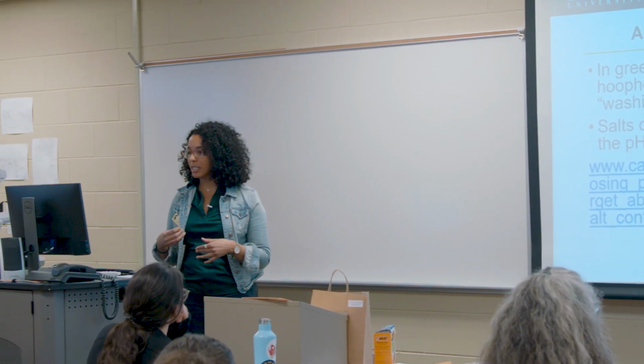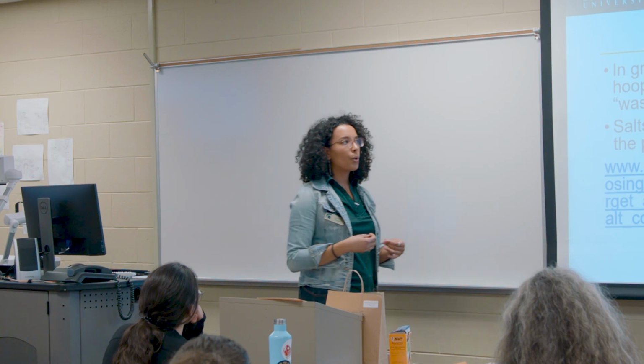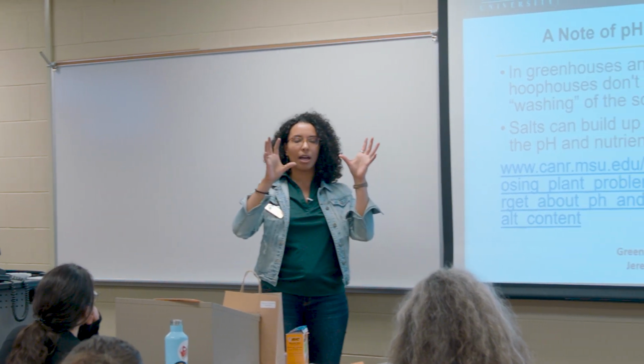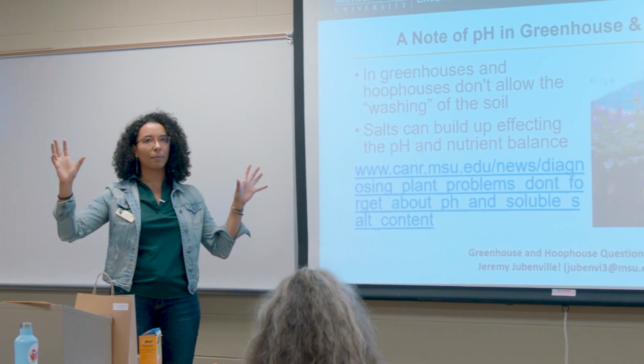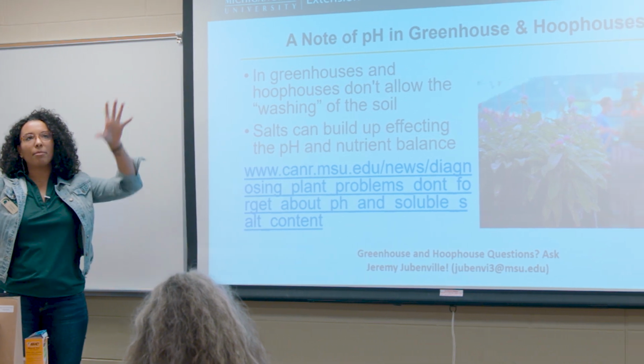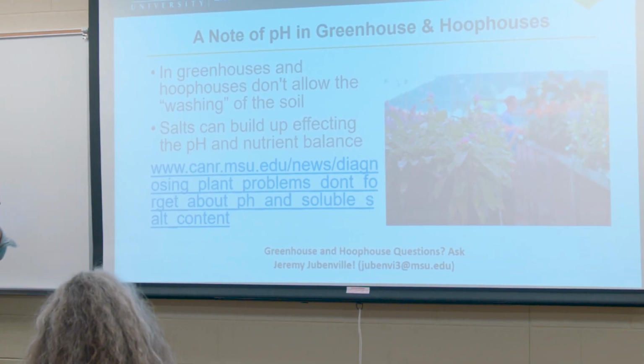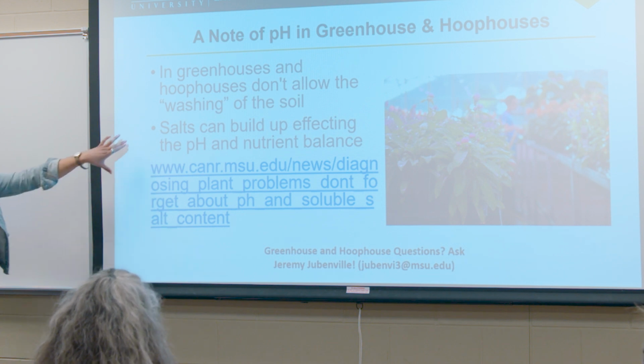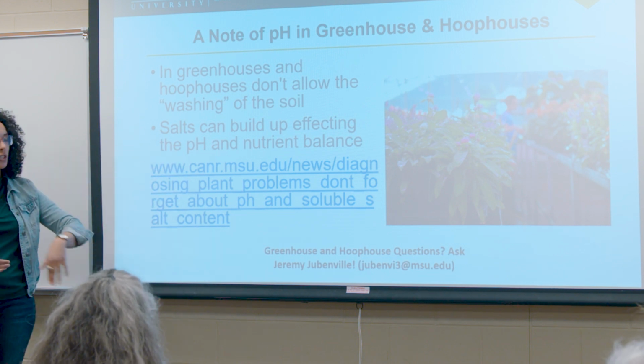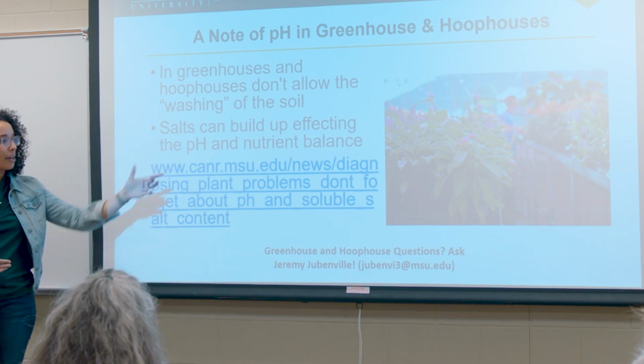Whereas in a greenhouse system, we're not necessarily washing the soil, so those salts or elements are more readily set in our soil materials, right? So we're not getting the movement. So salts can end up affecting our soil pH over time and our nutrient balance.